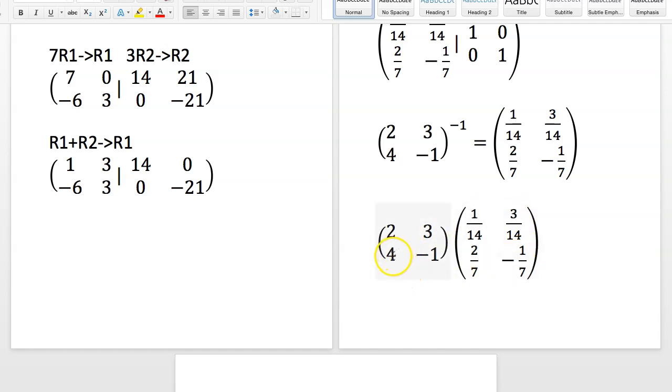I've got to keep checking. Now this should be 0 as well. 4/14 is 2/7, and then negative 2/7 is 0. 12/14 is 6/7. Negative is positive 1/7. 6/7 and 1/7 is 7/7, which is 1. Good. So it worked that way.